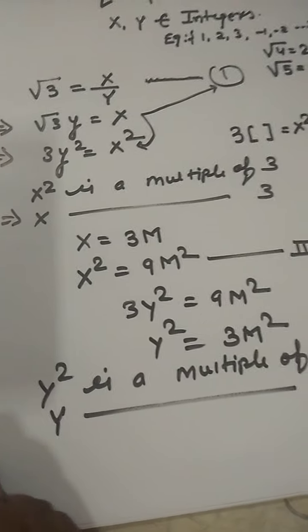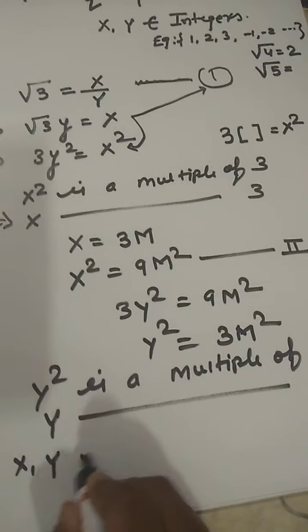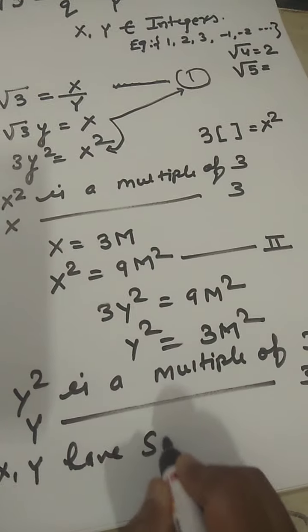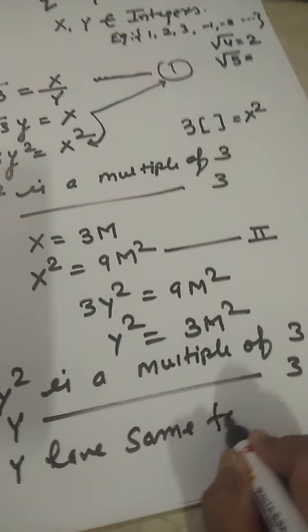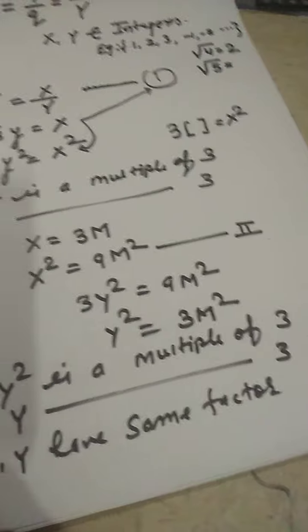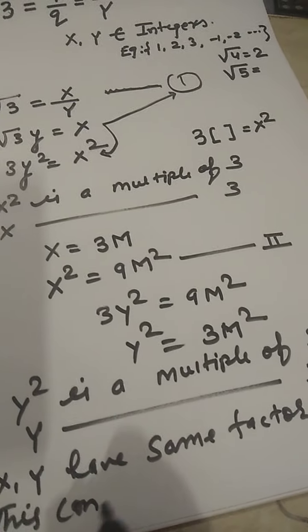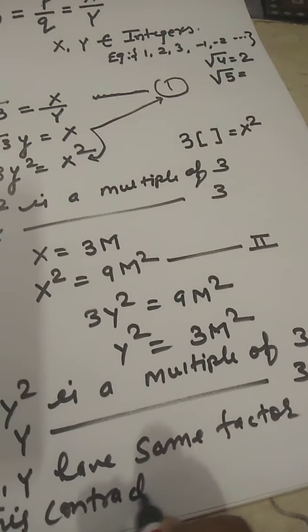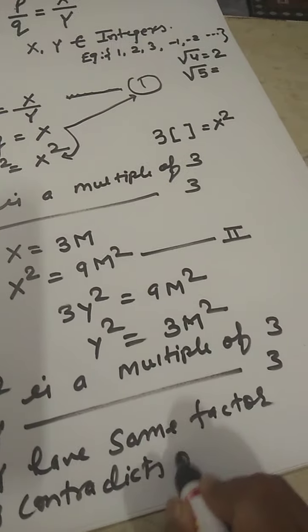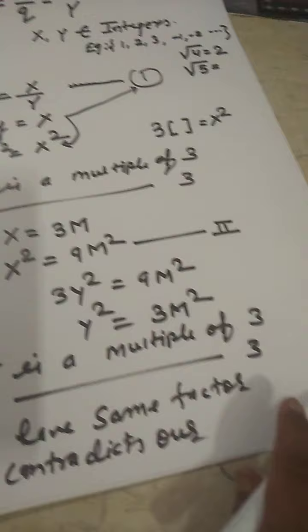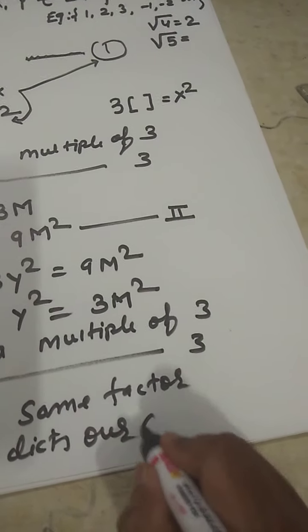So we can say this implies X and Y have the same factor. This contradicts our assumption.